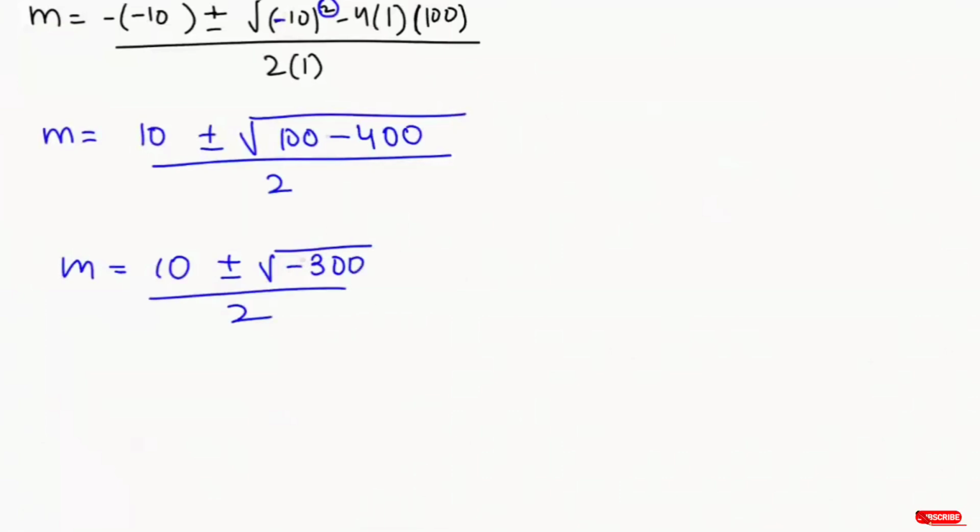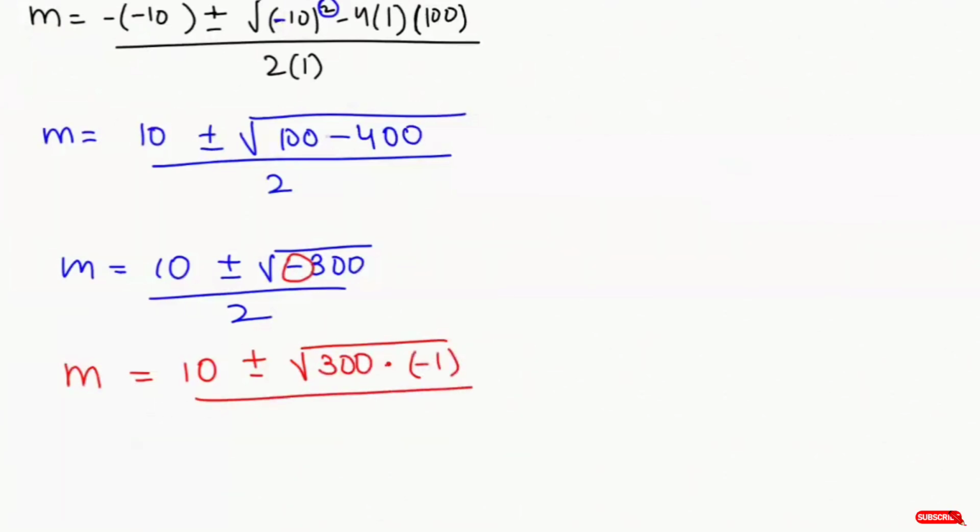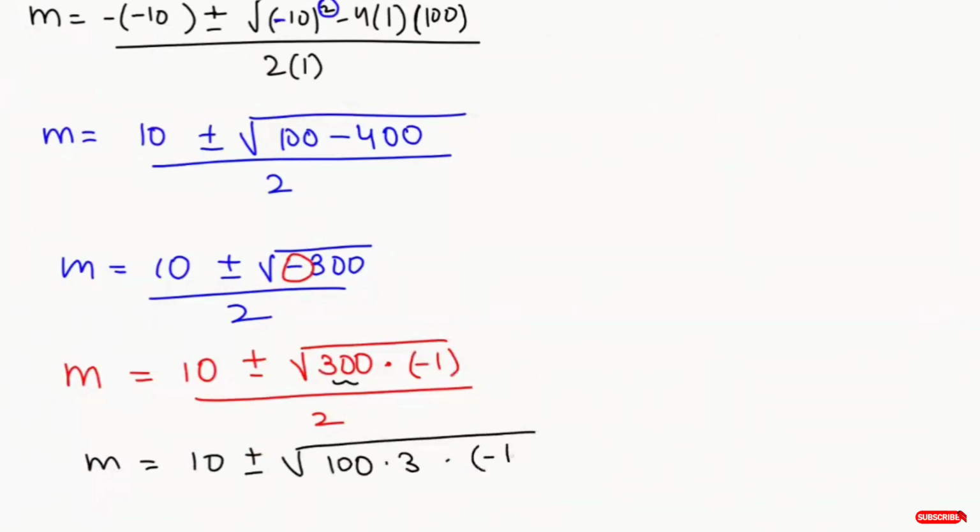Now I want to separate this negative sign, so I'm going to express m equals 10 plus minus root of 300 times negative 1 over 2. I am going to split this 300 next. m equals 10 plus minus root of 100 times 3 times negative 1 over 2.